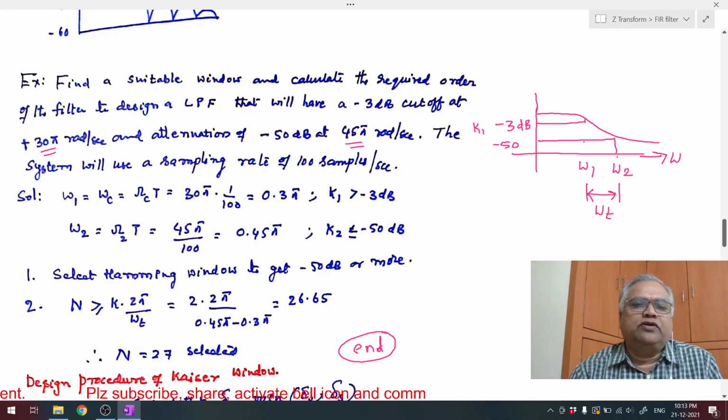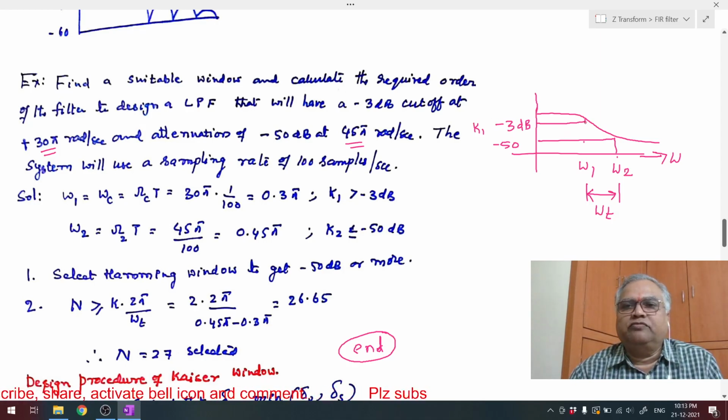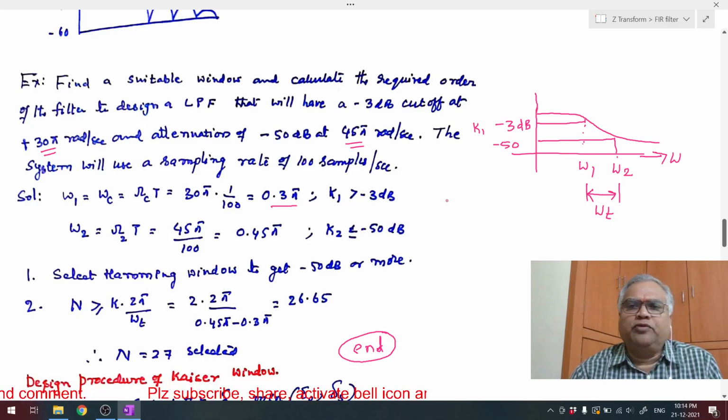So omega 1 is what? Here minus 3 dB, so omega 1 is called omega C, the cutoff frequency. Omega C is Ohm C times T. What is Ohm C? 30 pi. T is 1 by 100, so 0.3 pi. So 0.3 pi is omega c.